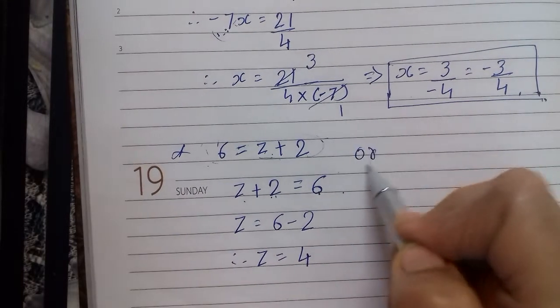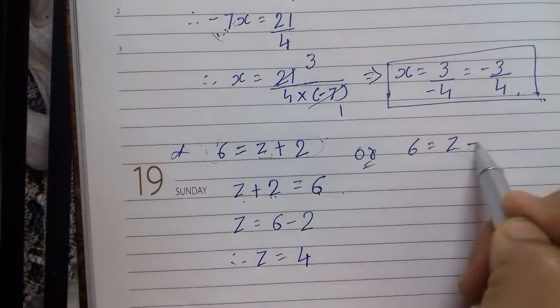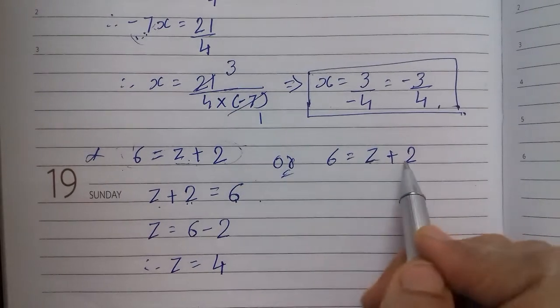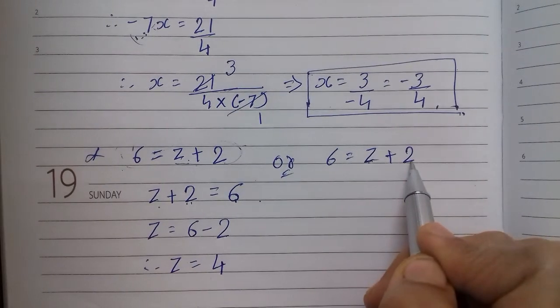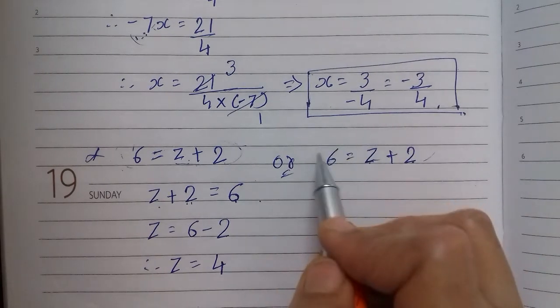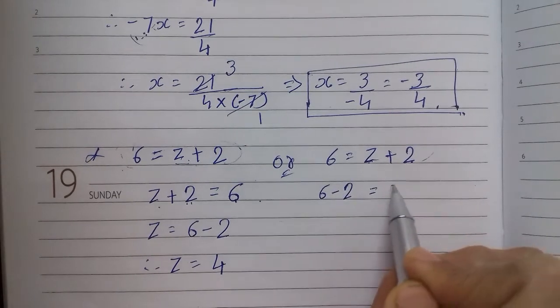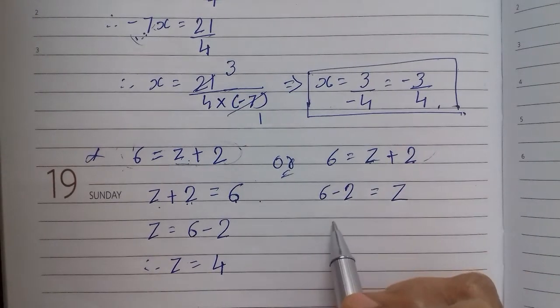Or you can do it without swapping. Here z is the variable, so transposing 2 to the left hand side, 6 minus 2 is equal to z.